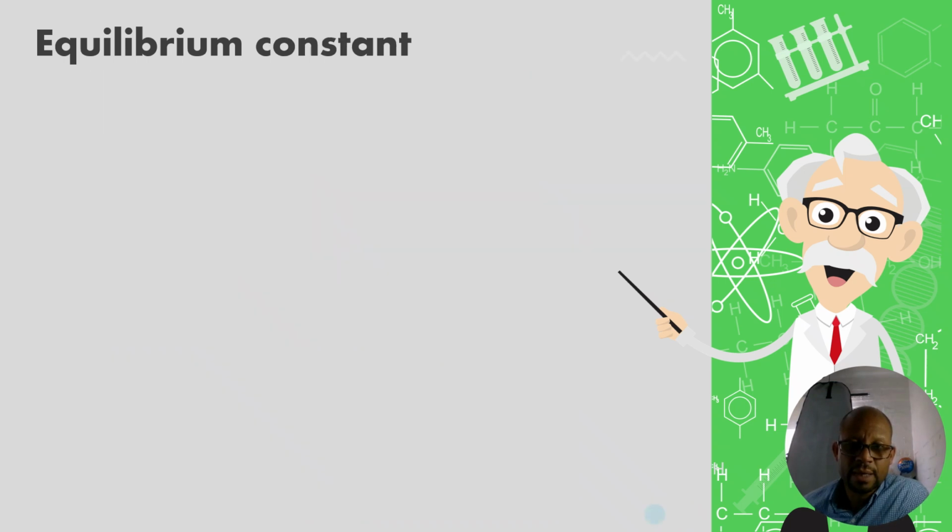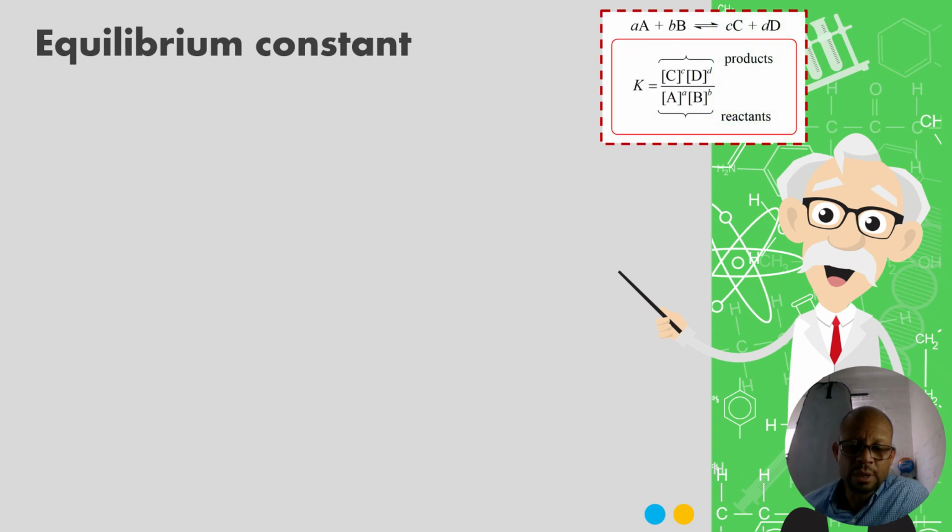Okay. Now, equilibrium constant is a mathematical way to express more or less where the equilibrium lies along a continuum. And the equilibrium constant will tell us if it lies more to the left or more on the reactant side. It means I have more reactants in my reaction container compared to products.